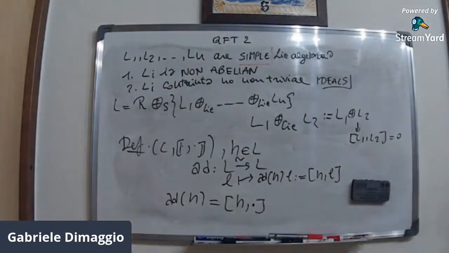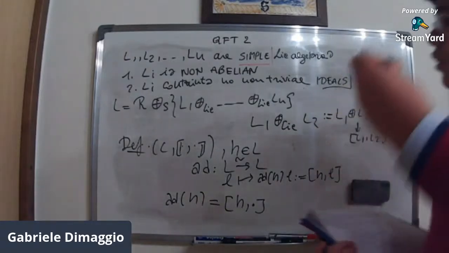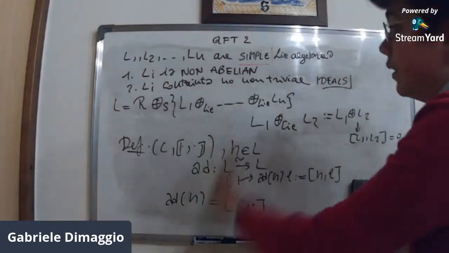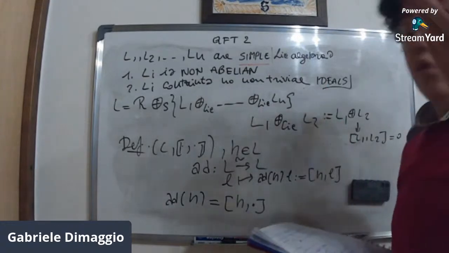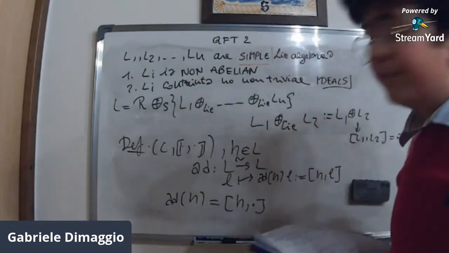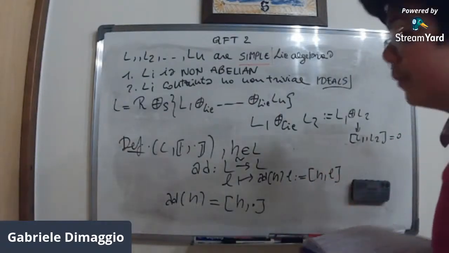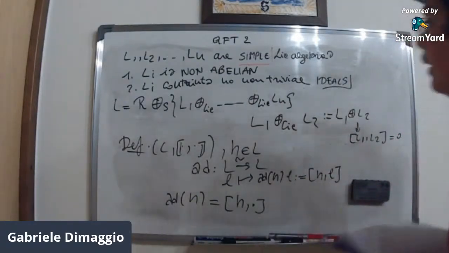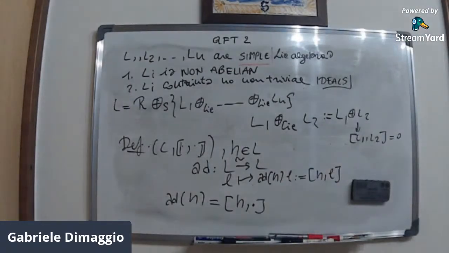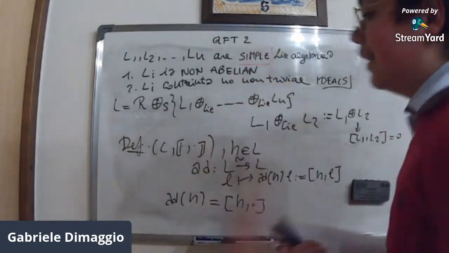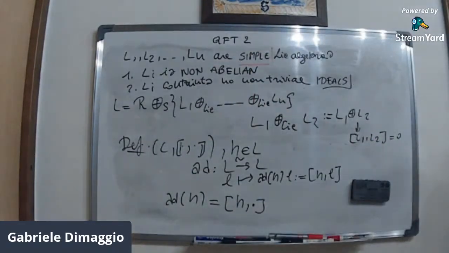But the very important definitions that you've already met to understand this video are what a smooth manifold is, what a vector field is, and what a one-form is. In fact, now we are going to talk about the Killing form.